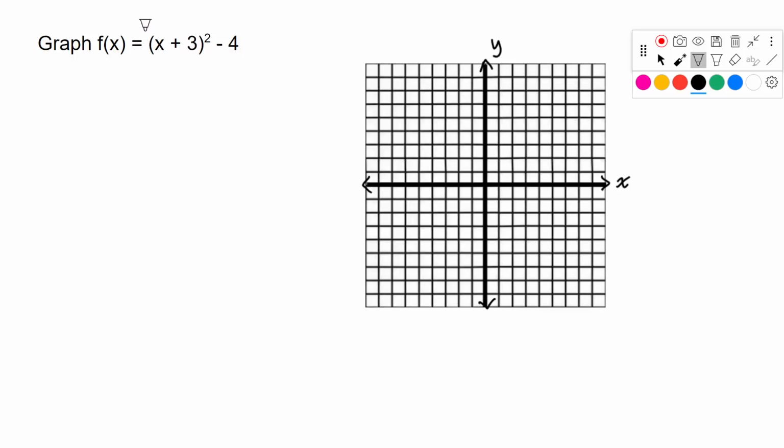If you recall, for transformations, when you have x plus 3 squared, that's going to indicate a horizontal shift to the left 3 units. And the minus 4 is a shift down 4 units.